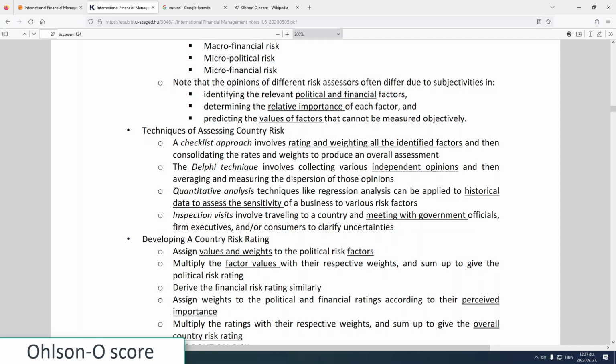And one was quantitative analysis. Techniques like regression analysis can be applied to historical data to assess sensitivity of business to various risk factors. So practically we are doing something like this. It's definitely not a Delphi technique, it's not a checklist approach, and it's not an inspection visit, so it's quantitative analysis.